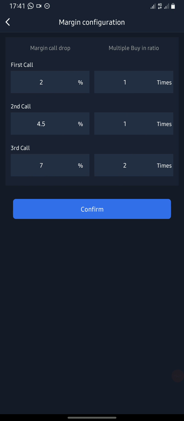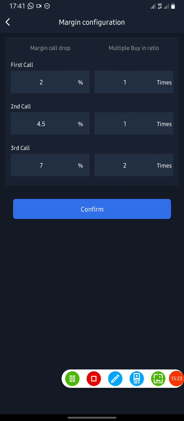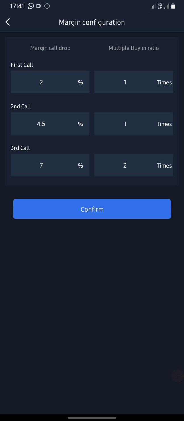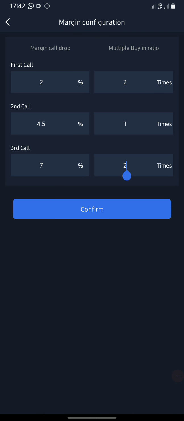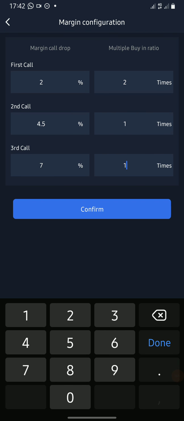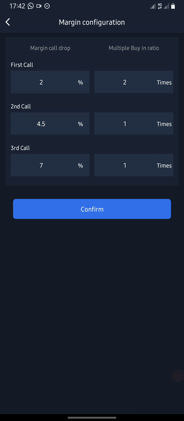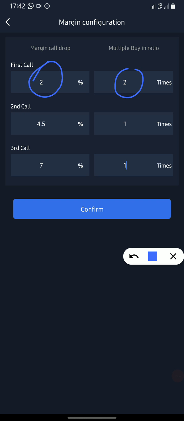All right. But if I have 2 here, let's say I have my 2 here and I have 1 here. So at this point, I'll buy 100 here when the market drops by 2%. And I will have $50 here when the market drops by 4.5%.